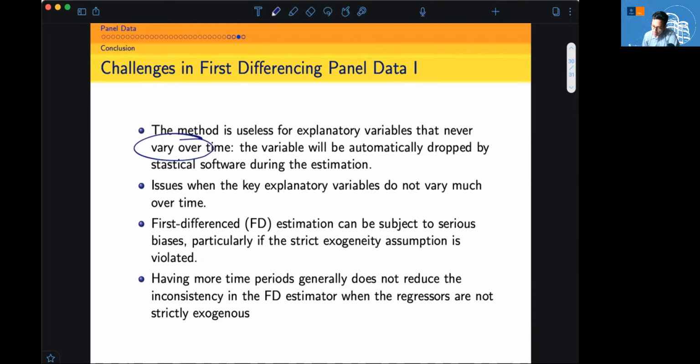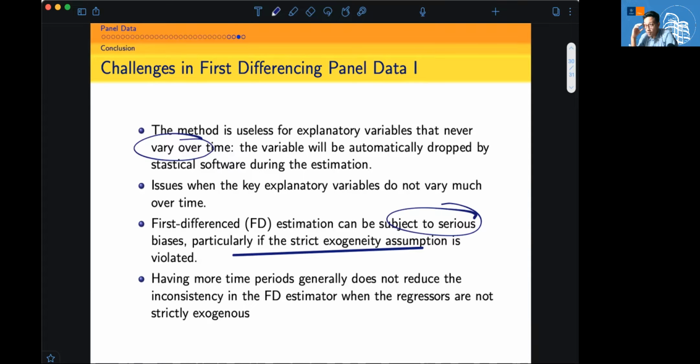So another issue is that first difference estimation can be subject to serious biases, particularly if the strict exogeneity assumption is violated. So the strict exogeneity assumption is that there is no correlation between the explanatory variable of interest and other unobserved components.